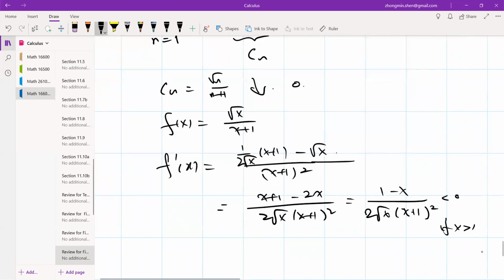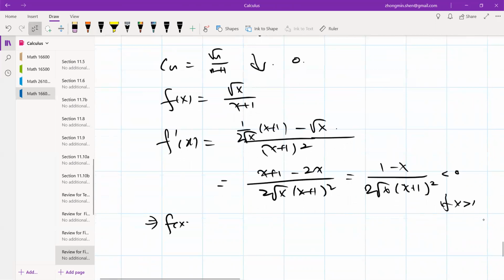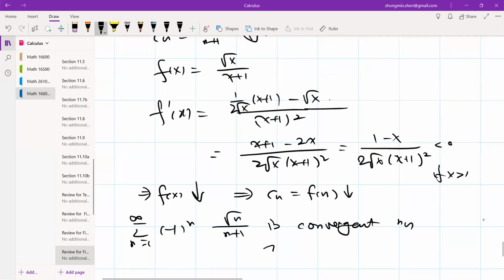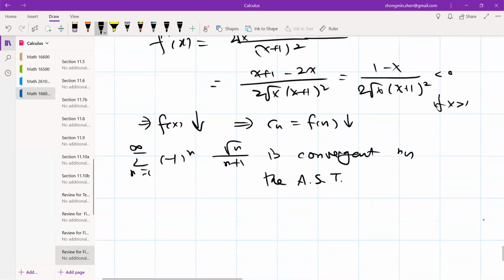This also implies cn is decreasing. Therefore the series is convergent by the alternating series test. Then if it's not absolutely convergent but it's convergent, so it's conditionally convergent.